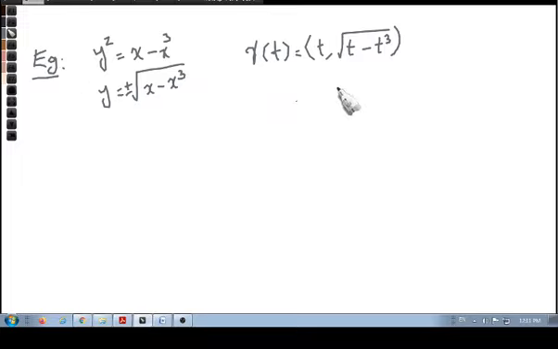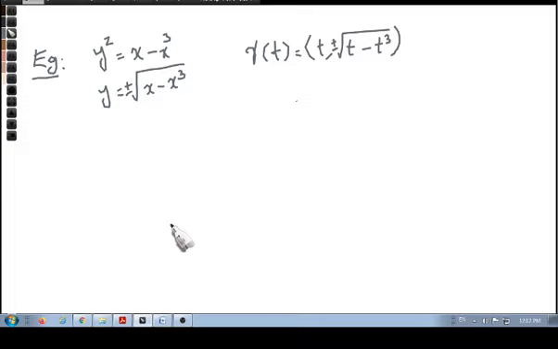So t comma plus or minus square root of t minus t cube will give us a parameterization. But what is the image of this parameterization, and in which interval does t vary? These things need to be checked. So let us plot this curve.